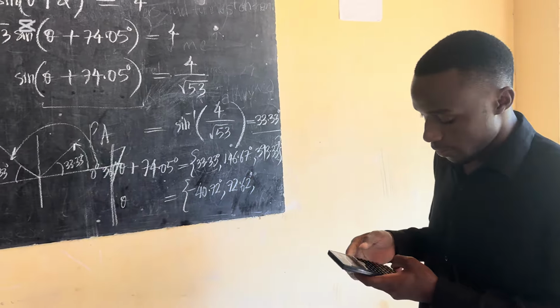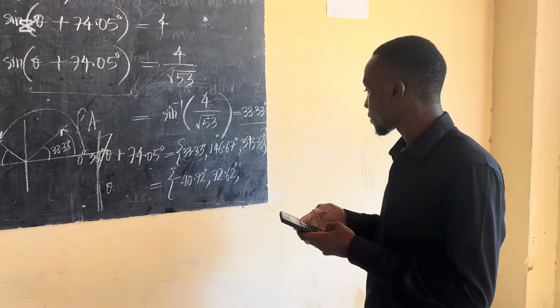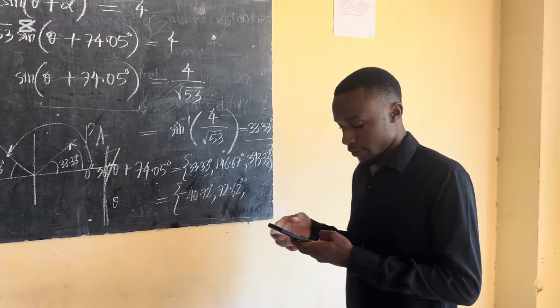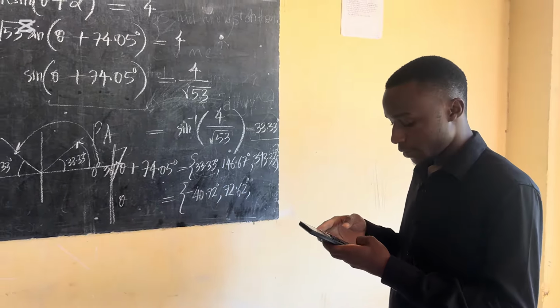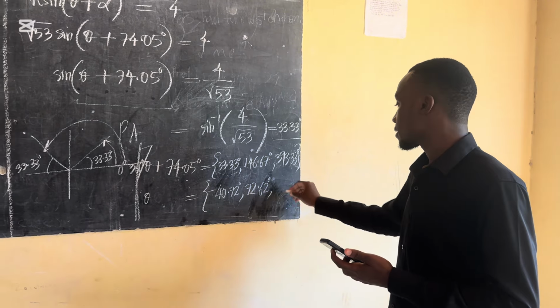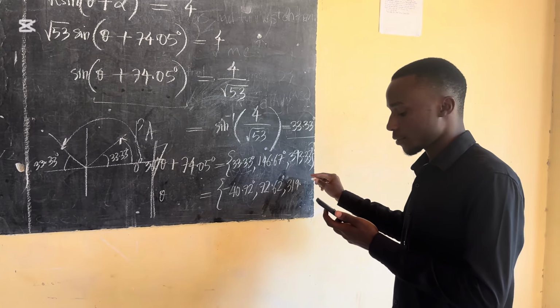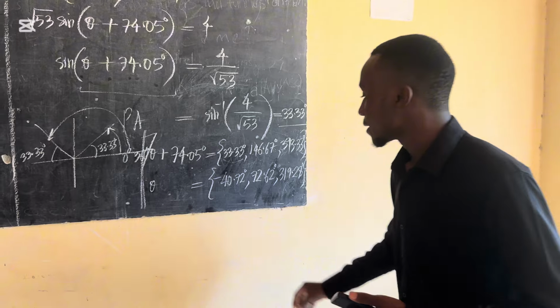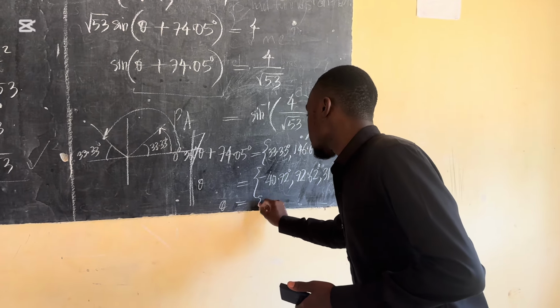And also our 393.33 minus the 74.05 gets us a 319.28.